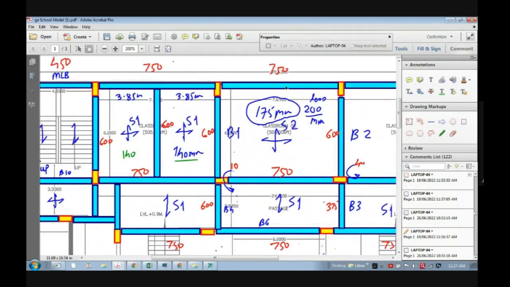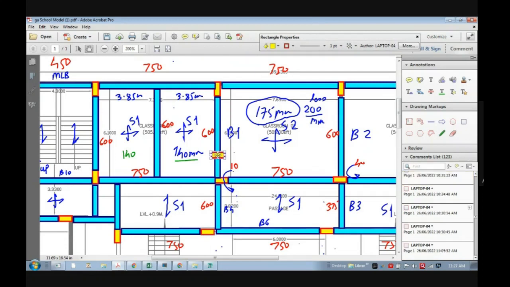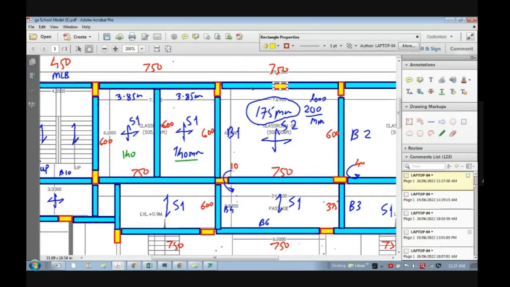So first case is, let's say I don't want this 750. Okay, for example, so I can think of putting one column there. So there is one choice, having column here like this, and then I can reduce the depth of beam. This is one criteria.